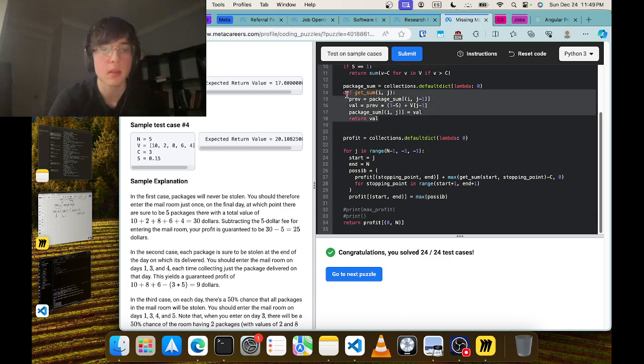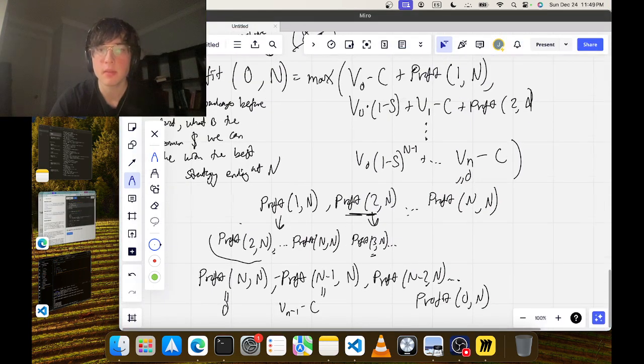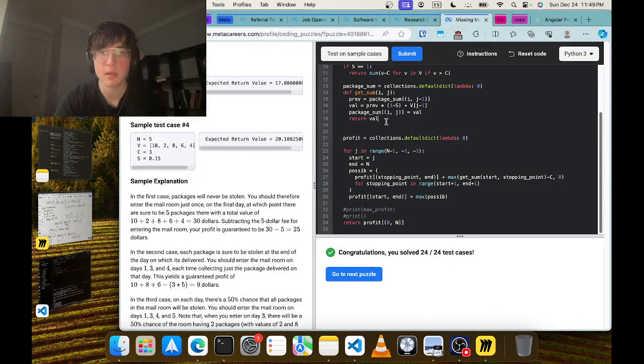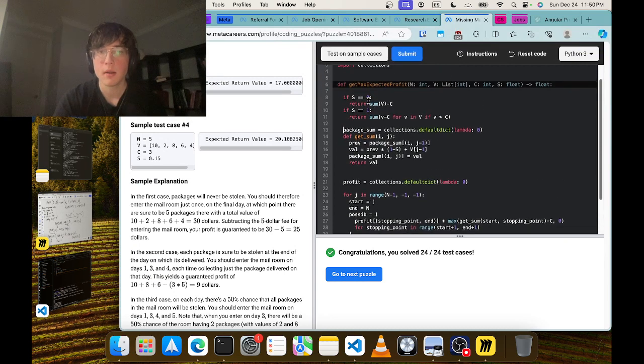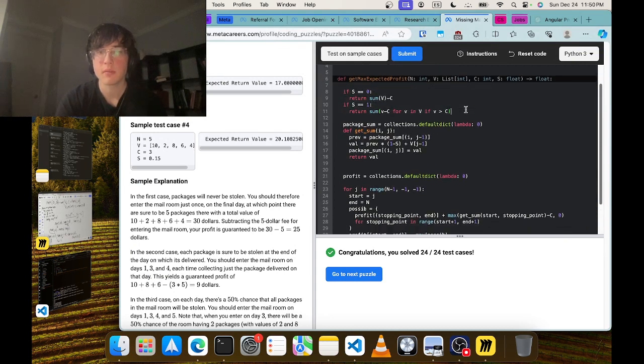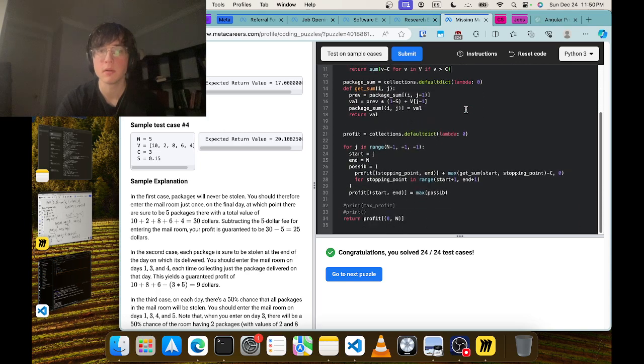When you calculate these V n terms, I made it more efficient by memorizing these values, and then when I need a bigger value, I multiply the previous one times 1 minus s and add the new package in. That's why I needed this big function for that. I also had special cases because it's faster when s equals 0 and s equals 1.